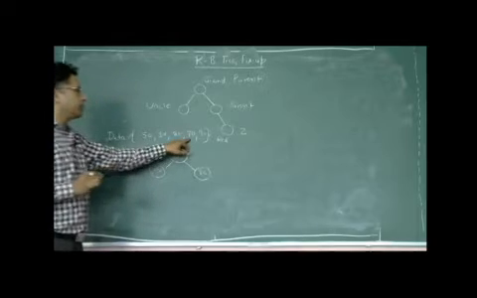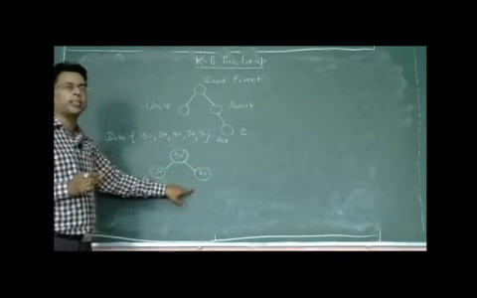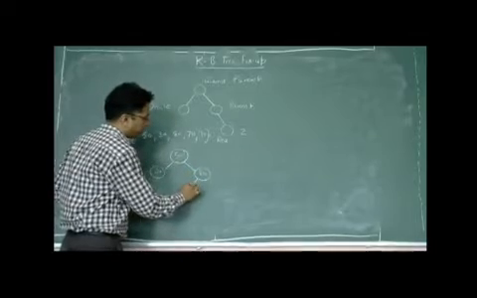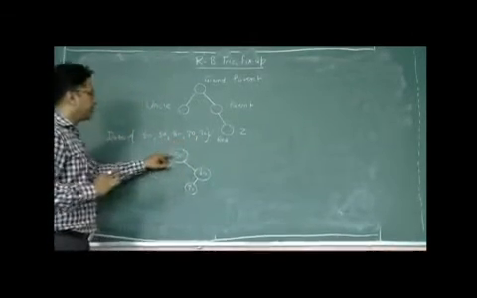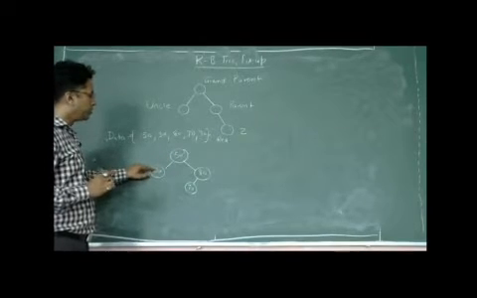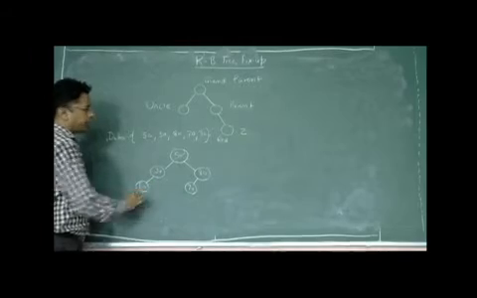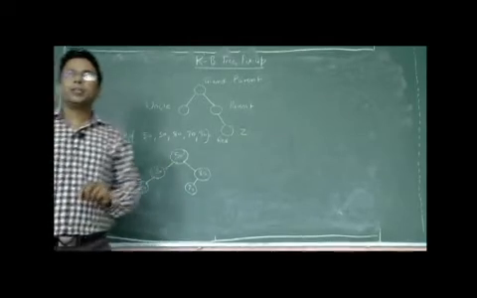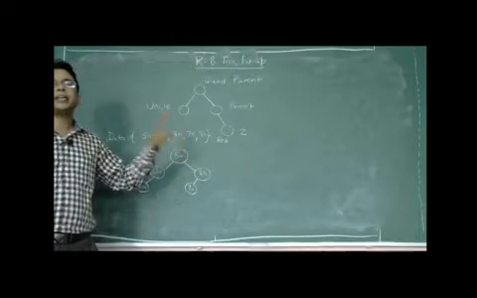After that, the next node is 70. 70 is greater than 50 but smaller than 80, so it becomes the left child of 80. Lastly, 10 is smaller than 50 and smaller than 30, so it becomes the left child of 30. So this is the simple procedure of inserting an element.